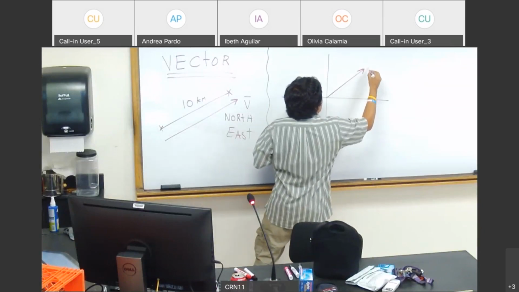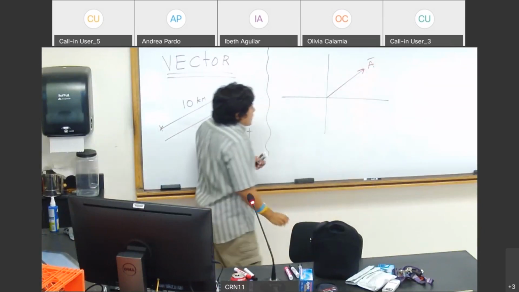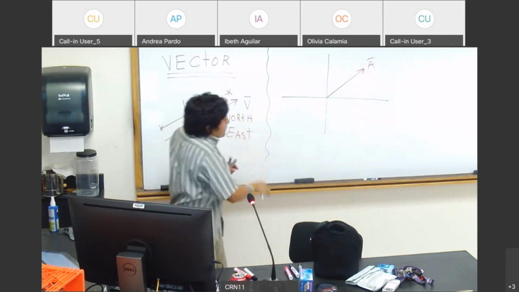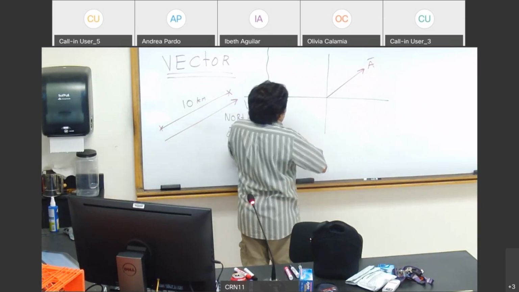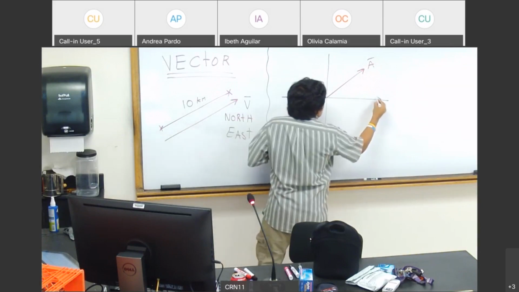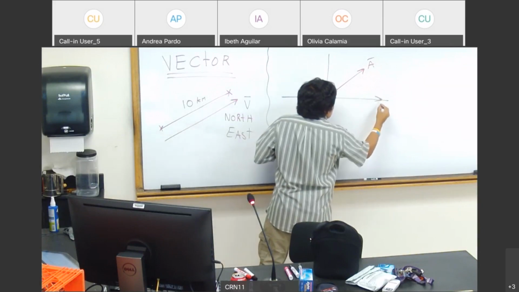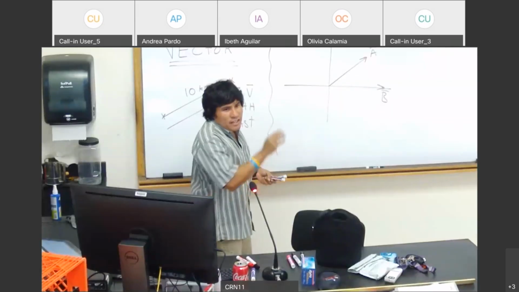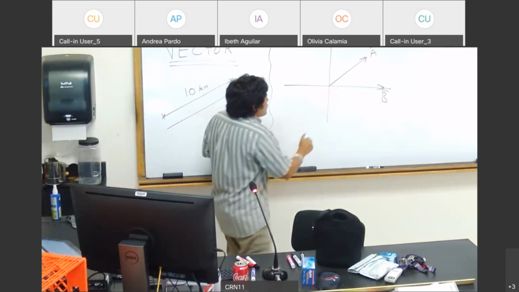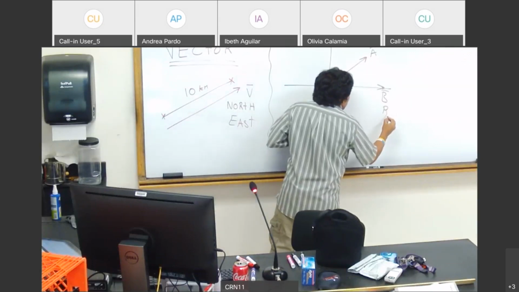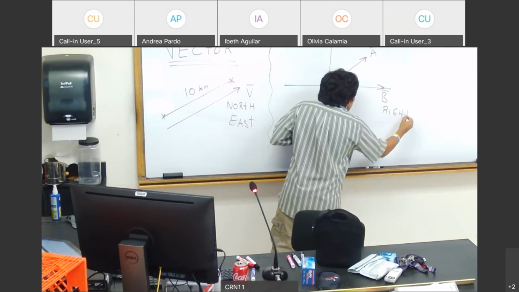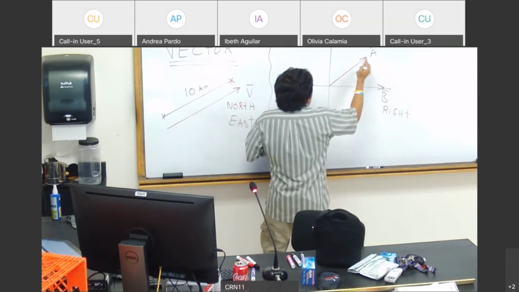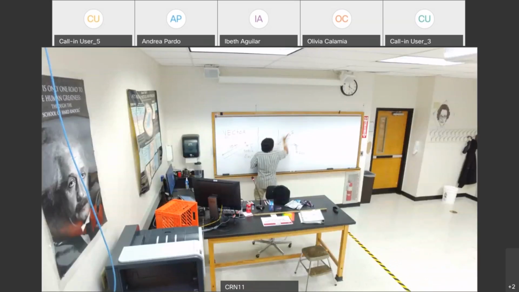There it is. That's vector A. Going to the right, and this will be vector B. These two vectors have positive directions. This one is going to the right, and this vector is going to the right and upwards.